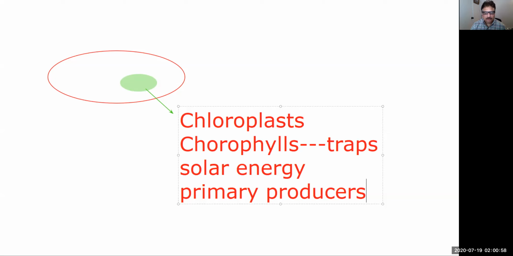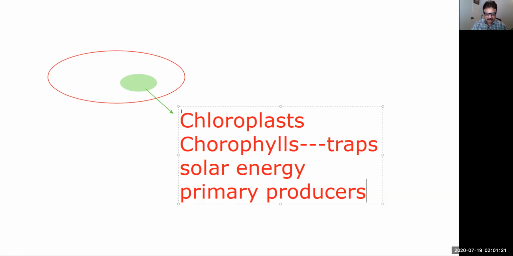So they are much more specialized. Plant cells are unique because plants are primary producers. They have chloroplast, which contains chlorophyll that harnesses solar energy to prepare food. So collectively, this is the basic organization of plant and animal cells as well as bacterial cells.